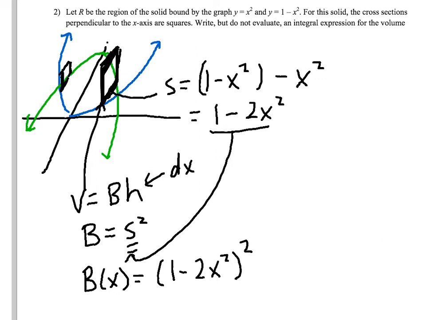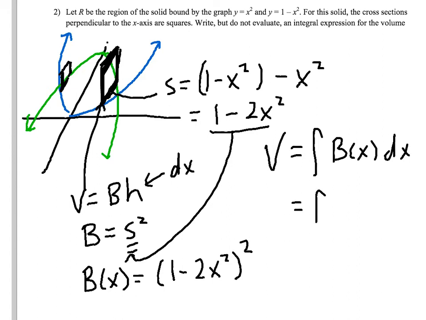That's just one slice of this, but we want to add those all up. So to find the volume by cross-section, we take the area of the base, I used b of x, and add all those up. So from here, all we have to do is substitute. We have the integral of (1 minus 2x squared) squared dx.